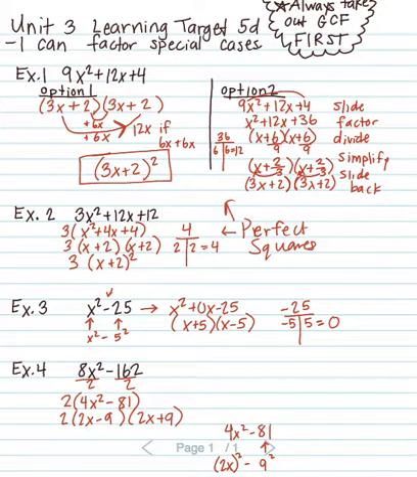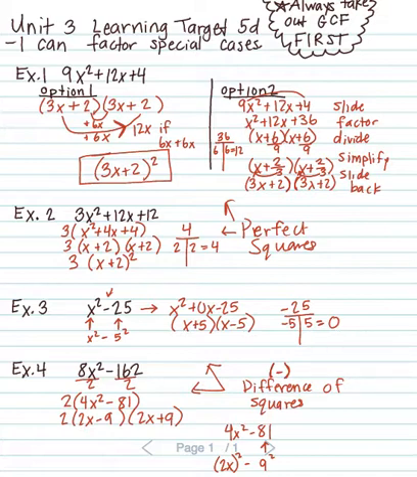So what makes these two special is that they're a difference of squares. Difference means that it's subtraction. Squares means it's something squared.